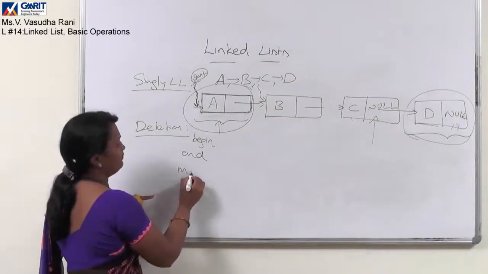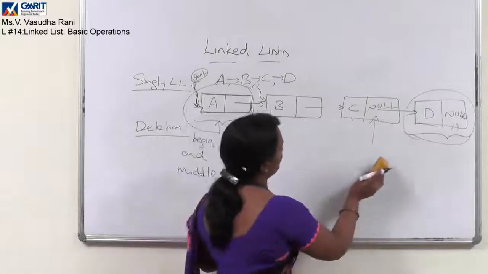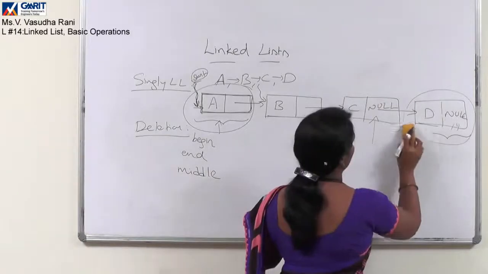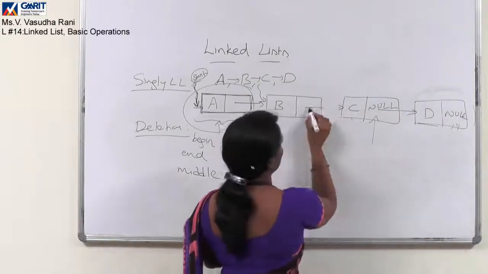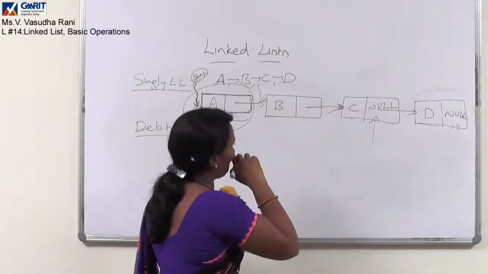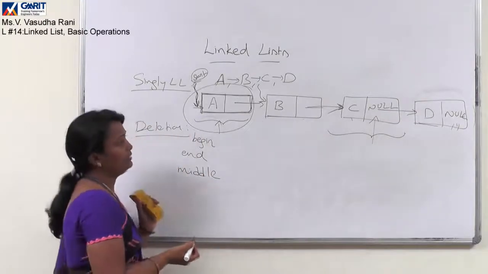And in the middle, assume that this node is also there. Consider the middle node: C is the middle node to be deleted.